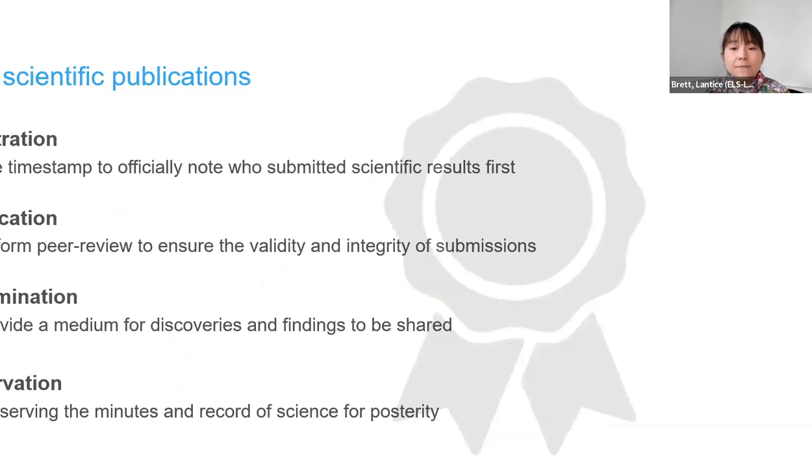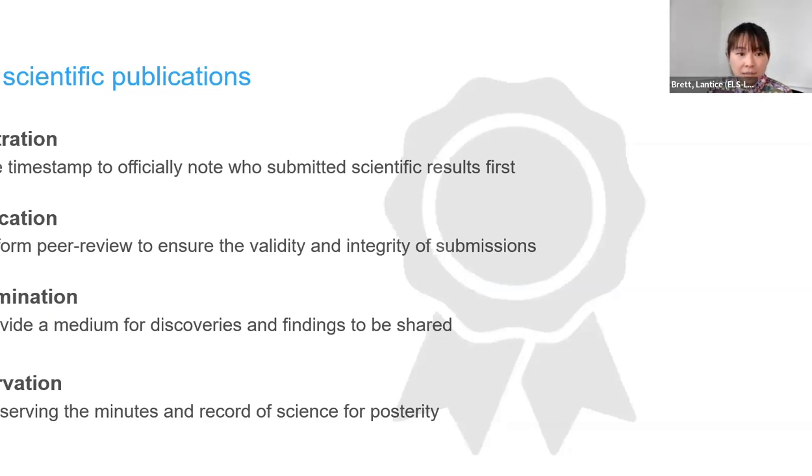What role does scientific publishing play in research? It serves as a means to officially timestamp scientific results, enabling us to determine who should be credited for specific discoveries. It certifies those results through the use of peer review, ensuring the validity and integrity of submissions.